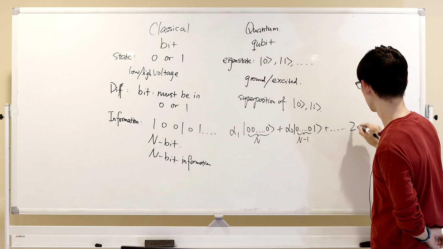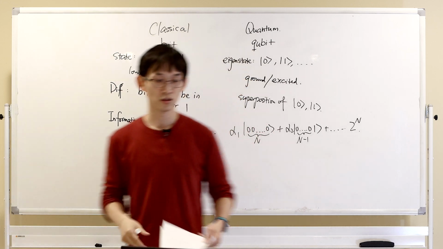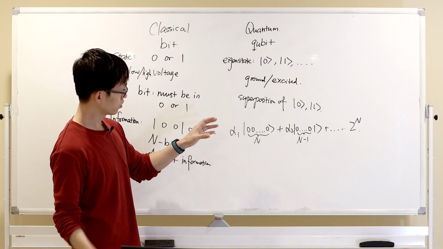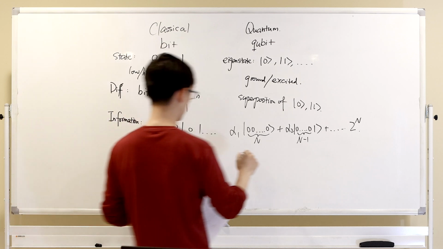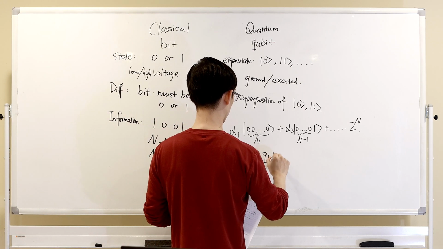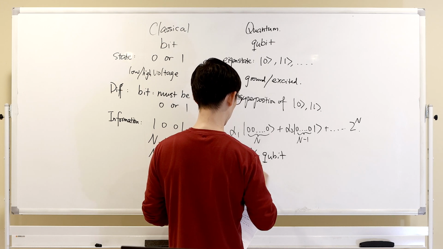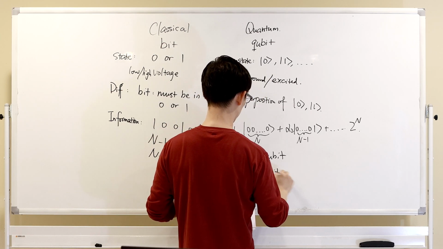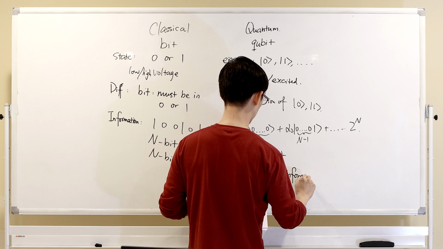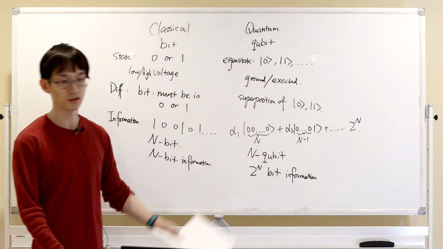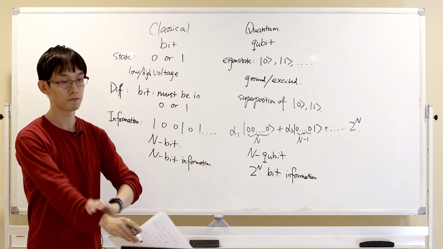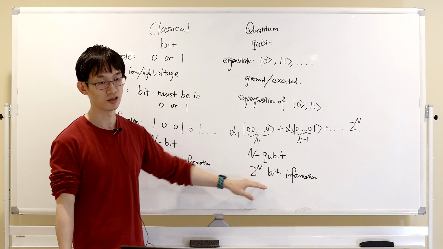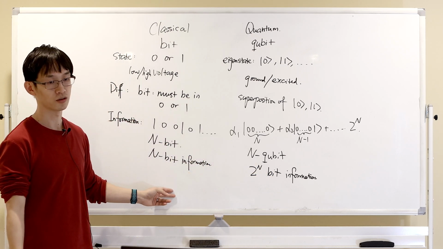There are 2 to the n possible configurations, and then there are 2 to the n coefficients. So if you have n qubits, your state contains 2 to the n bits of information. So you can see that there's an exponential supremacy or advantage your quantum computer will have over your classical computer.